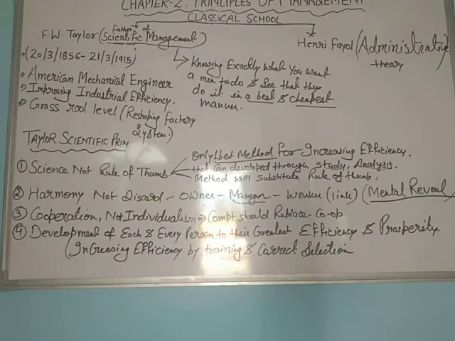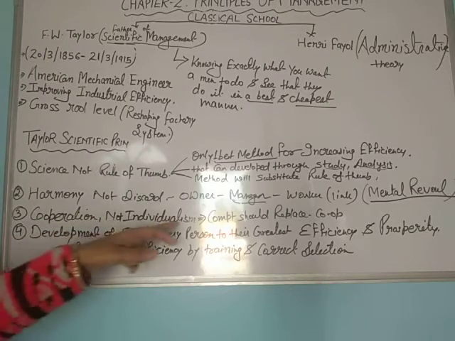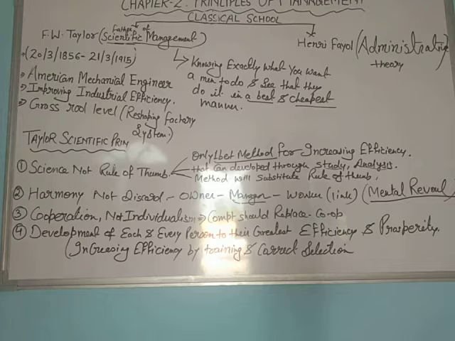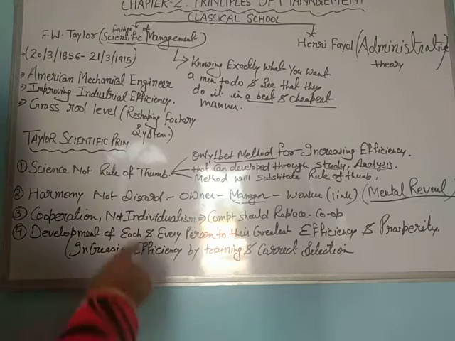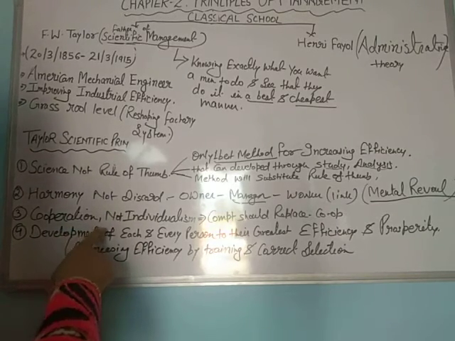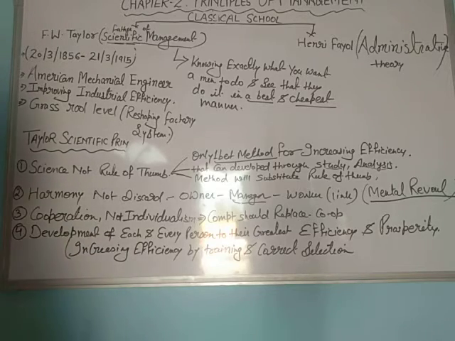Now the next principle of Frederick Winslow Taylor's scientific management is cooperation, not individualism. Now this principle says that we should be cooperating with each other. We should replace I with we, right?